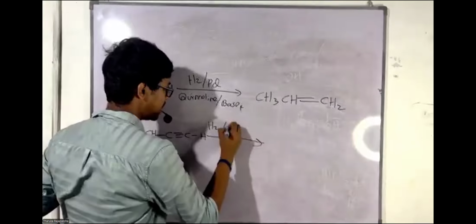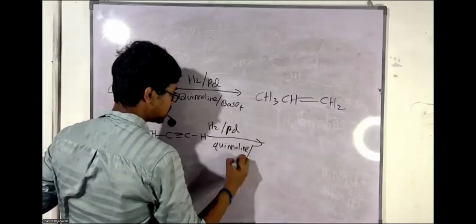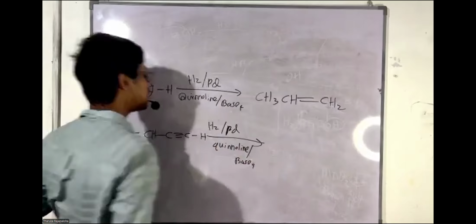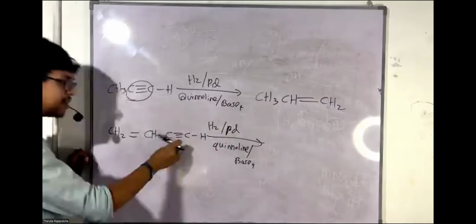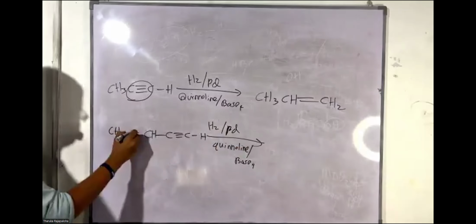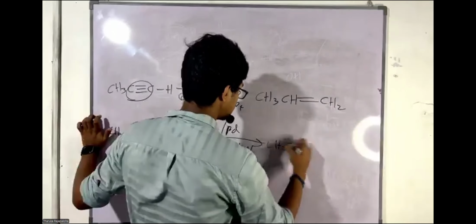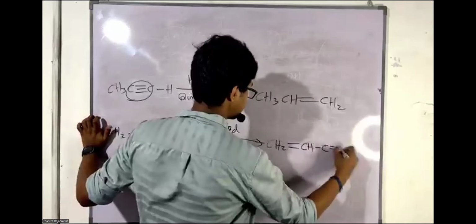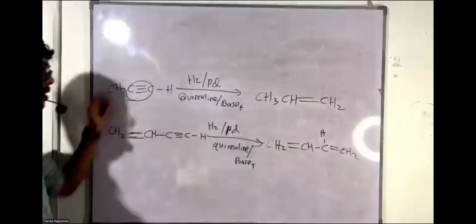So if you add this to this compound, the alkyne will go to alkene and nothing will happen to the double bond. So the double bond cannot be reduced to an alkane by using Lindlar's catalyst, right? It will not go to any other compound. It will go to this compound. Okay, this is the product. Write these two in the note. Good students.